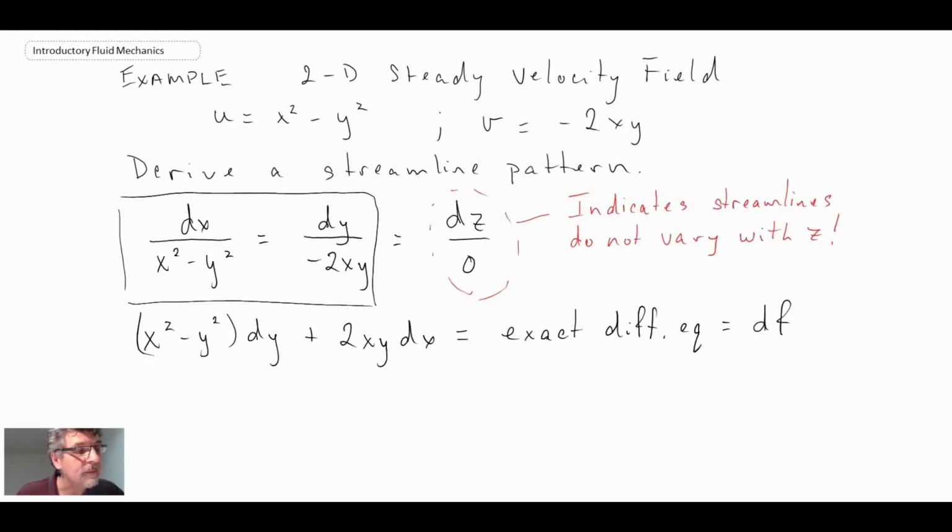So essentially we can write out that this is partial f by partial y dy plus partial f by partial x dx equals df.